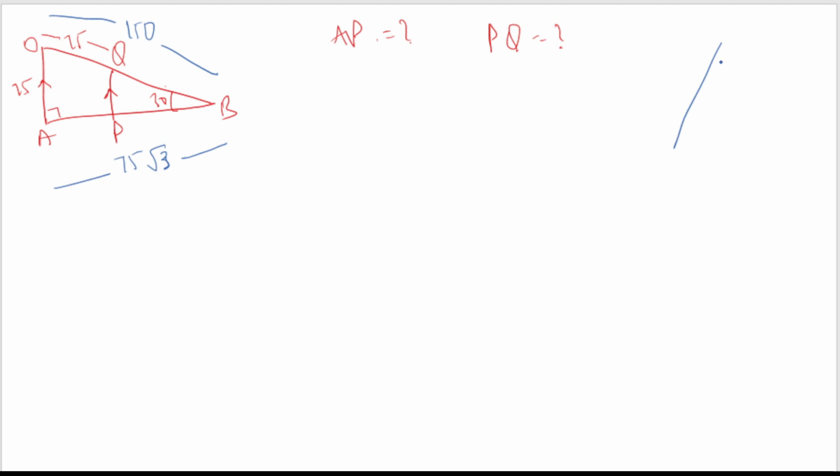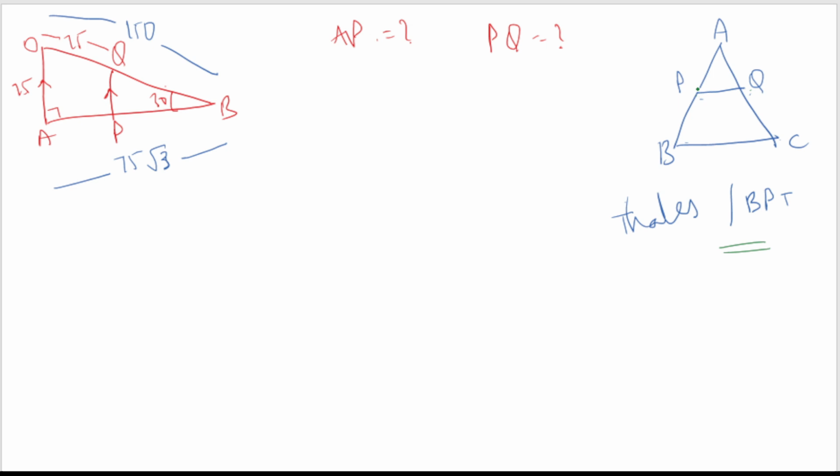Here we have a triangle, and this line PQ. PQ is parallel to BC. This is A. PQ is parallel to BC and PQ is intersecting AB and AC. Now what property or theorem can we apply here? We can apply Thales theorem or the basic proportionality theorem.